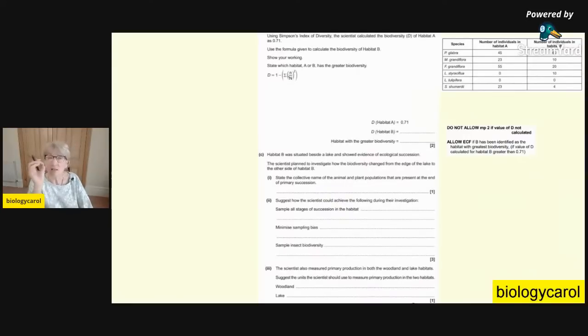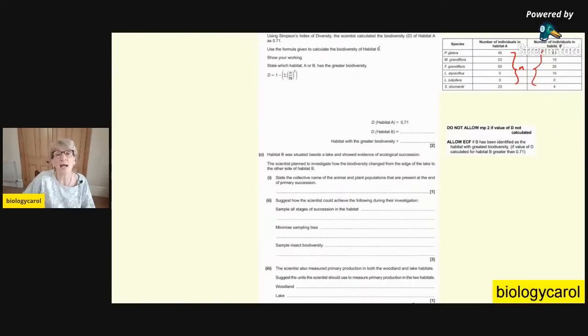The thing to decipher this: big N is always the total number of individuals of all species, and little n is the number of individuals in a particular species. So both of these numbers are little n, and you've got to total up these numbers to get big N.